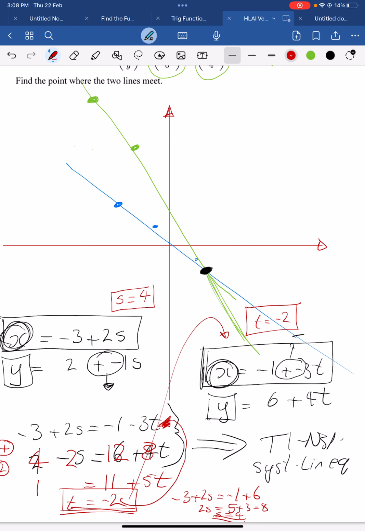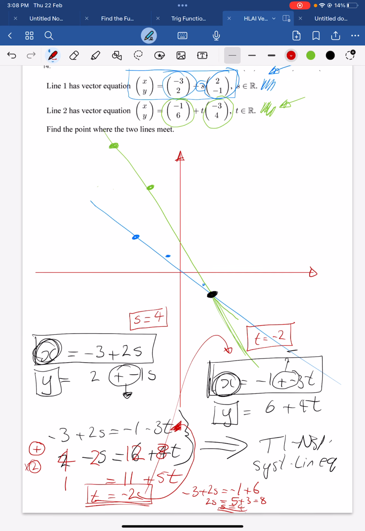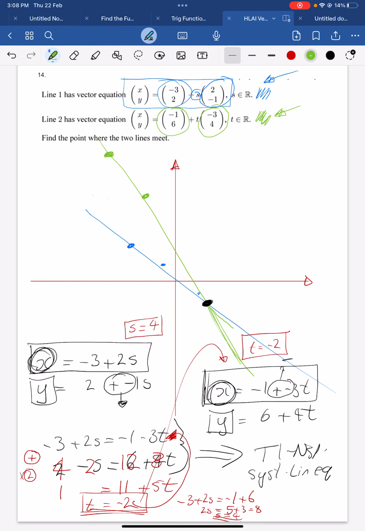So let's go now for this equation. I'll go back to green, right? So the green, x equals -1 minus 3t, and y equals 6 plus 4t. So the x coordinate here equals -1 plus 6 is 5, and the y coordinate is 6 minus 8 is -2.